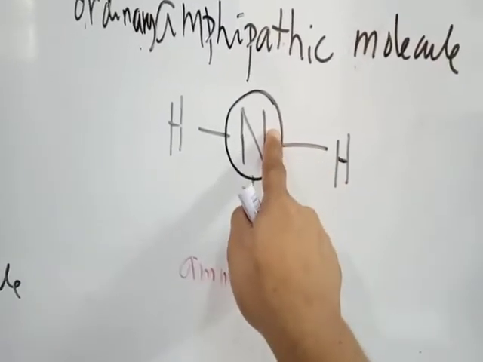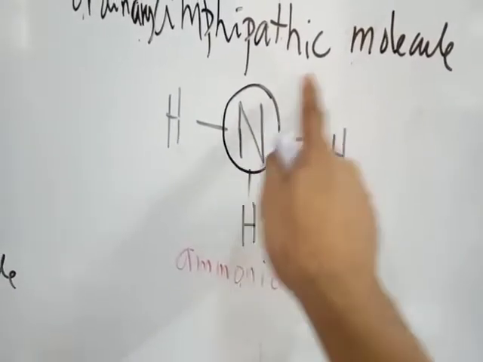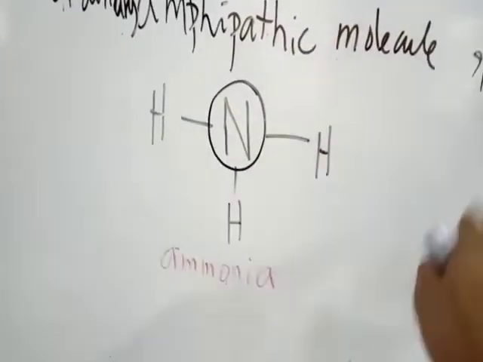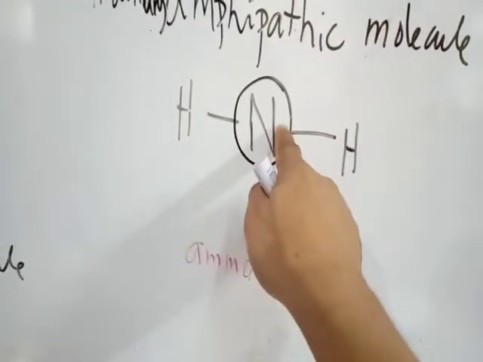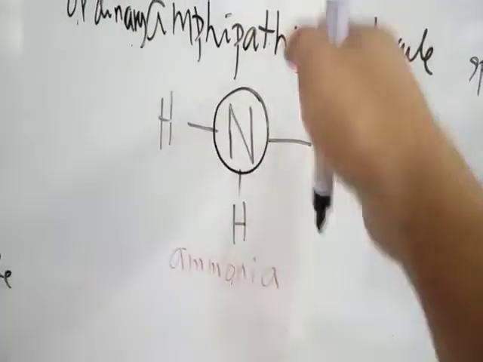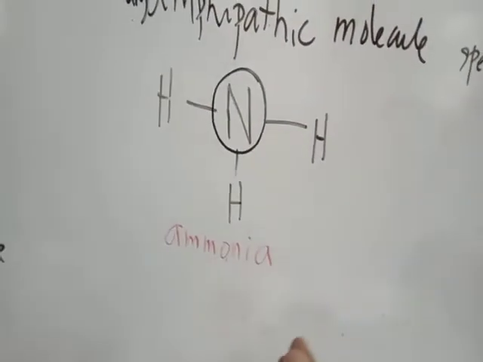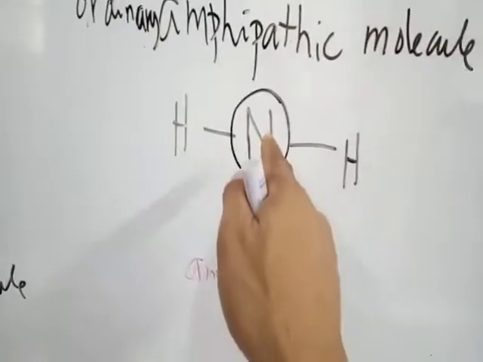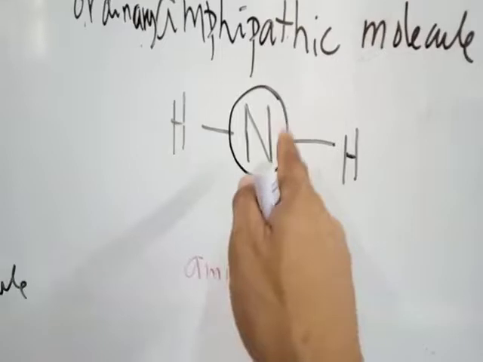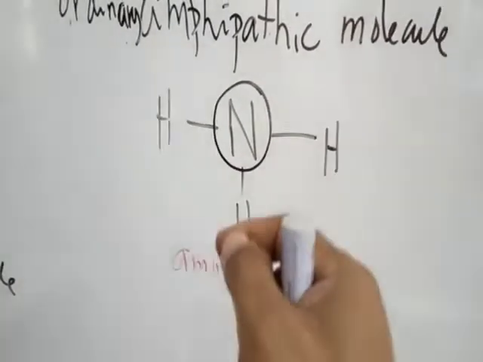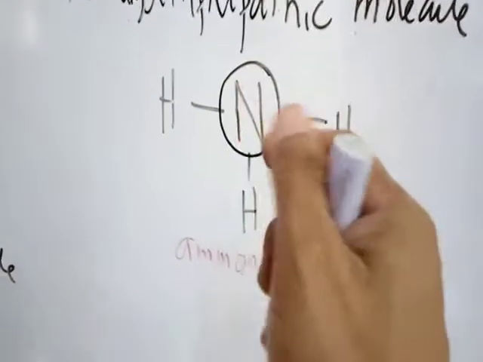Look at the periodic table. Look at the valence electron for nitrogen. Meaning, look at the group number for nitrogen. It's group 5A, right? So this means it has five valence electrons.